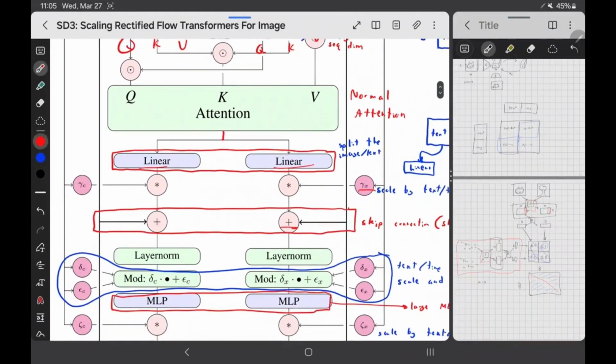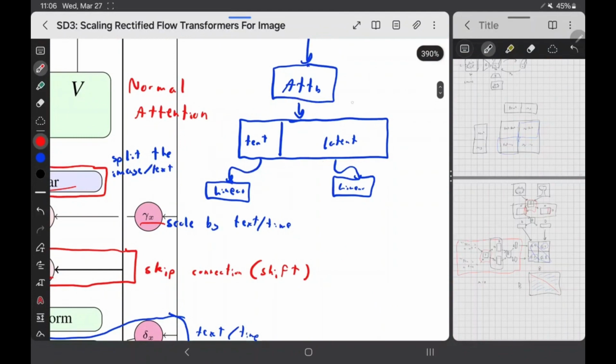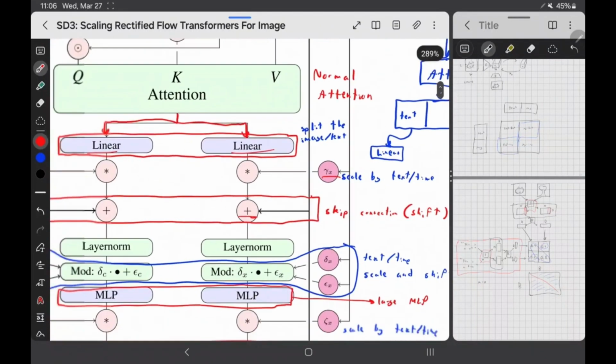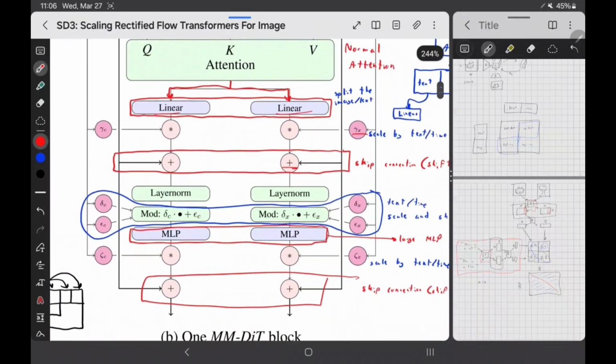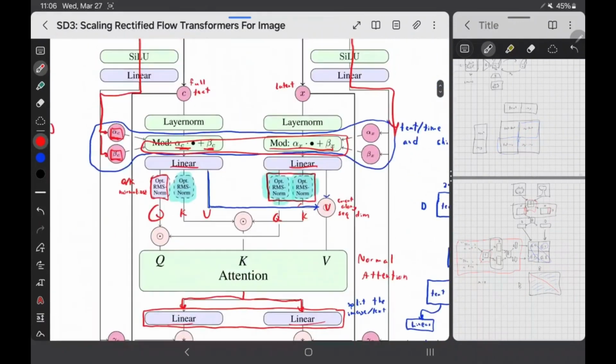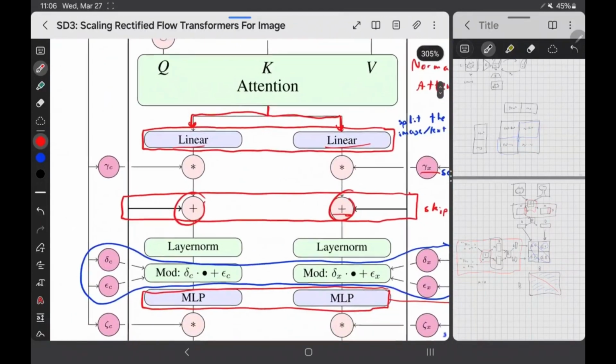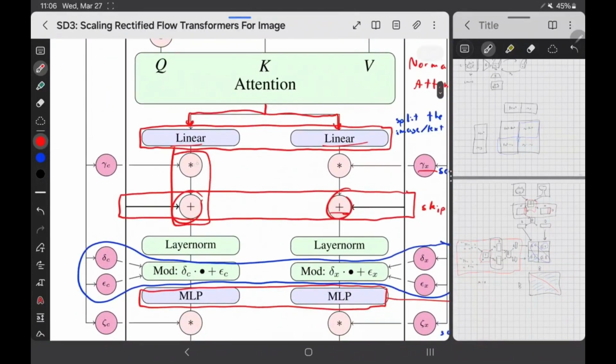You then send this through two linear layers, and this essentially breaks up the matrices. So you split it, and you send it through the two linear layers, breaking up the modalities again, sending them on their respective paths. You then have this skip connection here, and that's just coming from up here, so a normal skip connection. And the way I think about this part here is this.